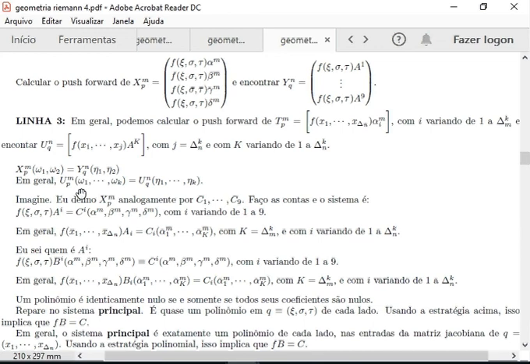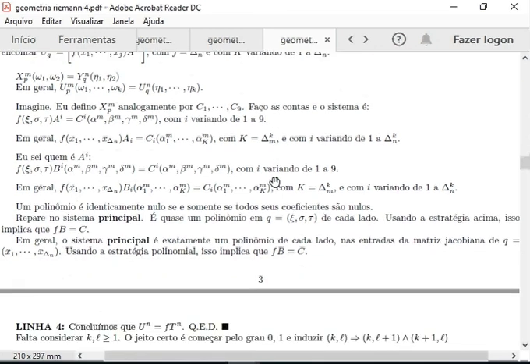Generally, upm equals uqn. Just imagine I define xpm analogously by C1, C9. I do the calculus and the system is fai equals ci. I know who is alpha I. fbi equals ci.